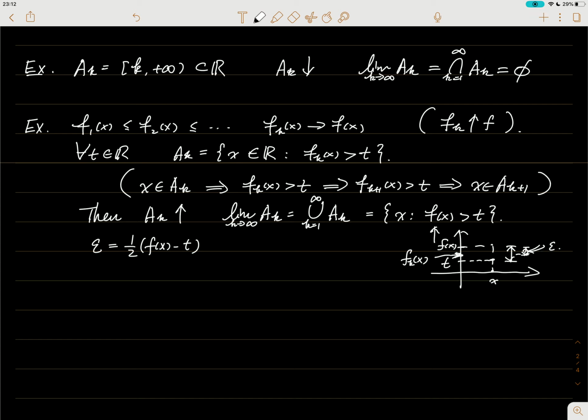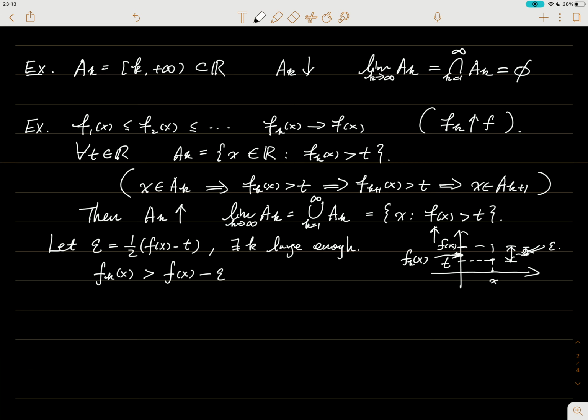And then for k large enough, f sub k of x will be bigger than f of x minus epsilon. The reason is that f sub k is converging to f.